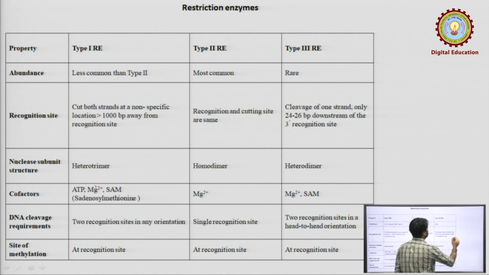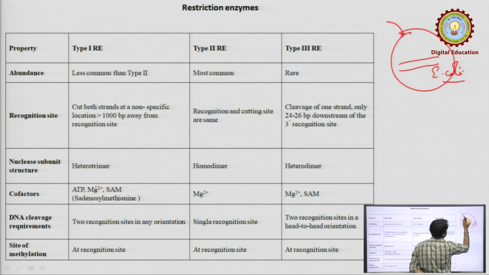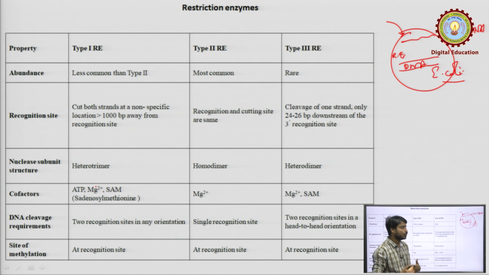So, what is the need of these enzymes? Let us see, say we have some E. coli, and some virus is attacking. This is the virus DNA, and this is the E. coli DNA, and there is a restriction enzyme here. How will it recognize that it won't cut its own DNA?